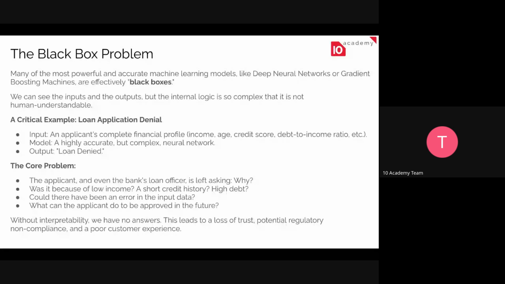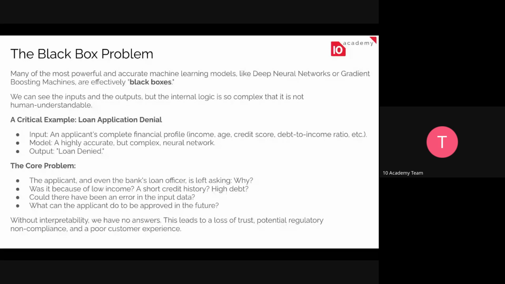So the model, which is a highly accurate but complex neural network model that you have trained for this specific purpose, shows an output that you should deny the loan with 90% confidence, okay? So you have rejected the loan, but you or the applicant do not know why the application is rejected, right?